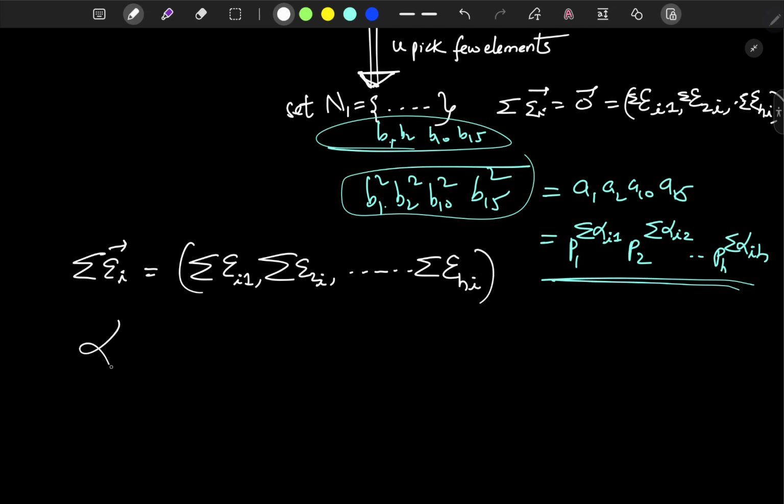But we know that alpha ij mod 2 is related to sigma alpha ij.